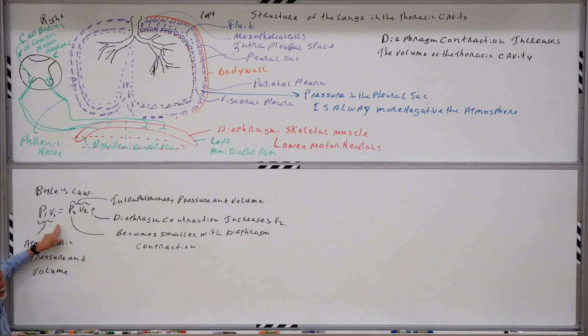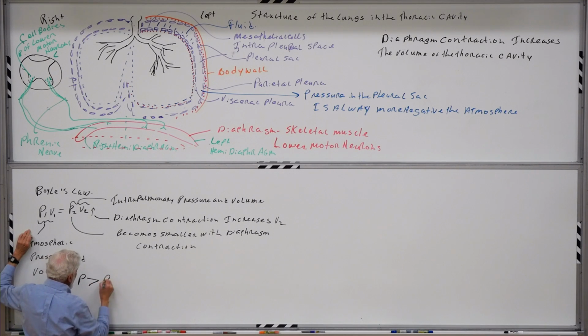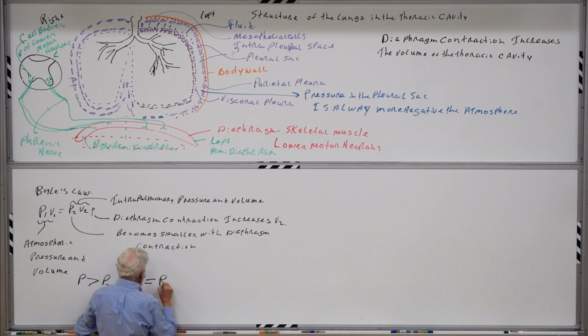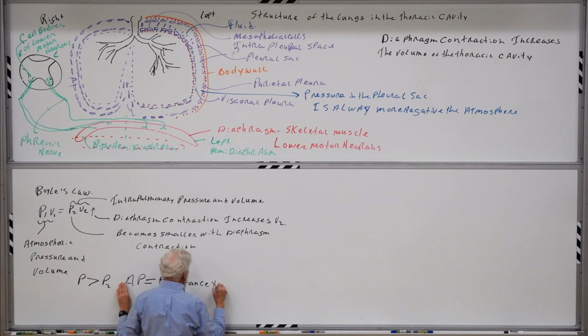Well, you recognize here that once we have generated this, P1 is now greater than P2. This is effectively a delta P. It's a pressure differential. Anytime we have seen a pressure differential, according to Ohm's law, delta P is equal to the resistance times the flow.